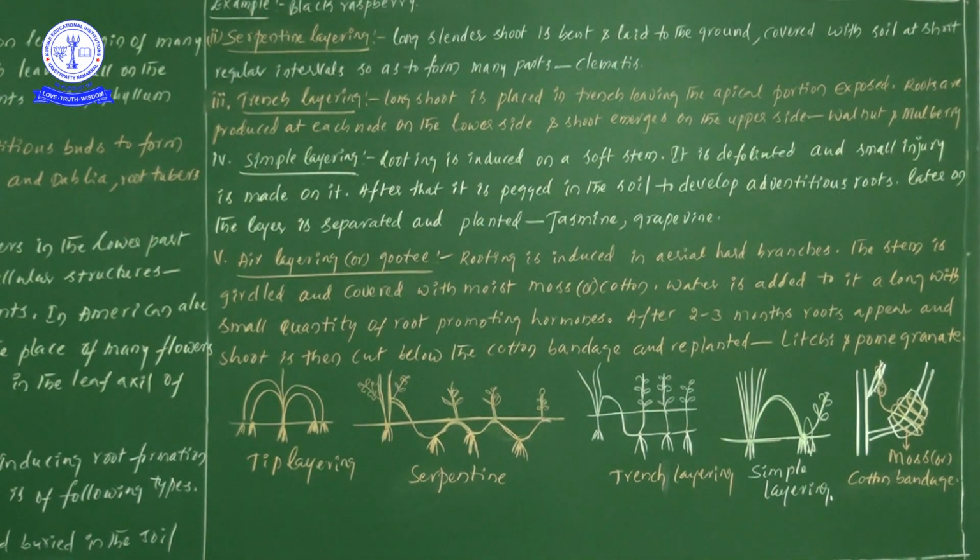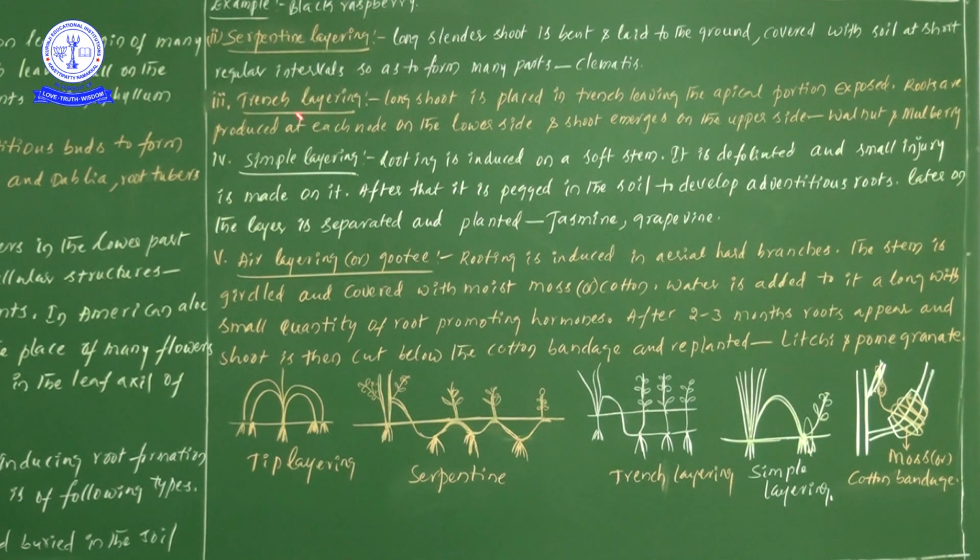In serpentine layering, you take one long slender stem or shoot and keep soil on it. After a few days, root formation takes place. Later we will cut it and use it for several purposes. Next one, best example in serpentine layering, clematis.